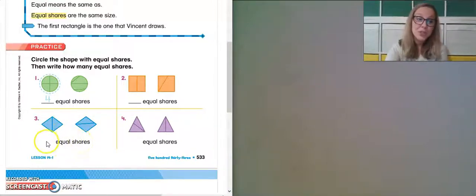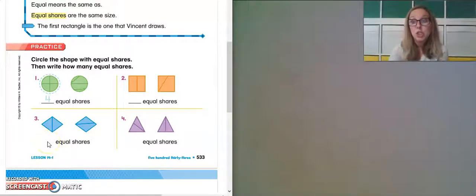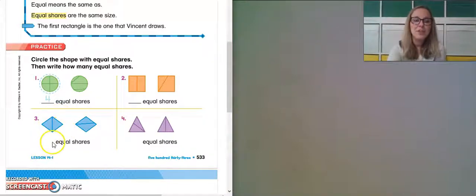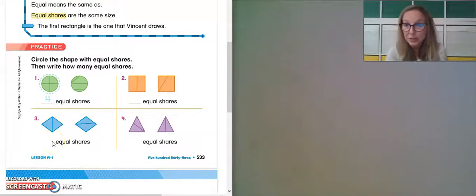There are 2. So on the line here next to equal shares, you should put the number 2. Now, which one of these has parts that are the same size and shape? It would be that first one. So go ahead and circle that first rhombus and make sure you have the number 2 for equal shares.